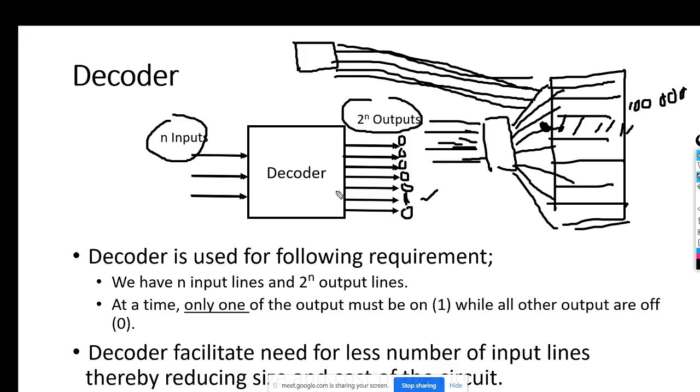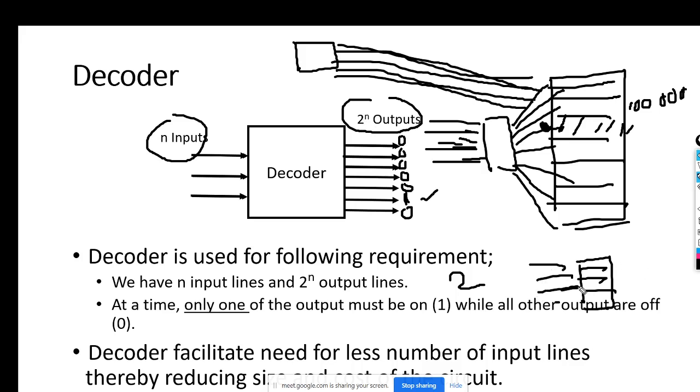For example, if you have four memory locations, earlier we needed four lines, but now we need only two, because 2 to the power 2 is 4. That halves the cost.